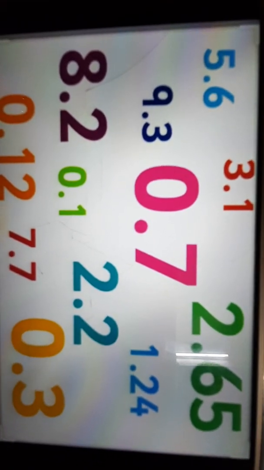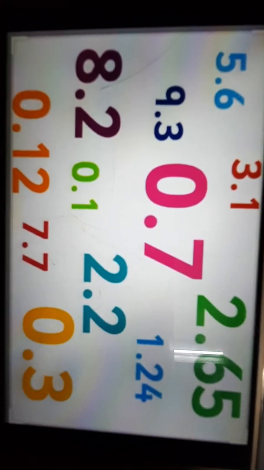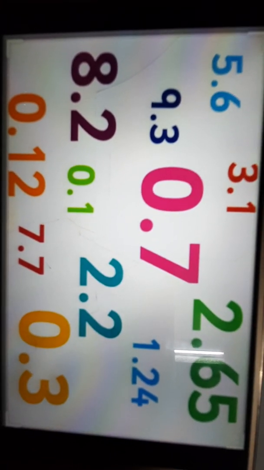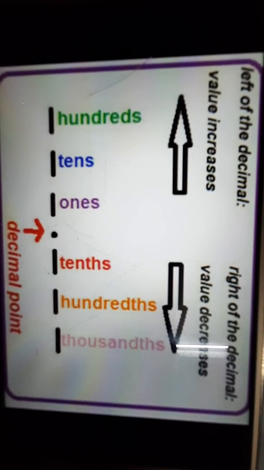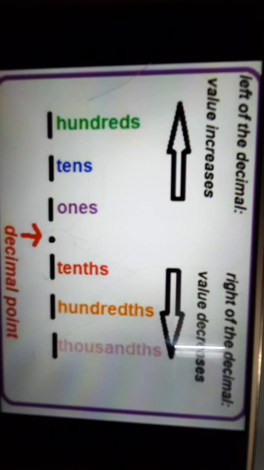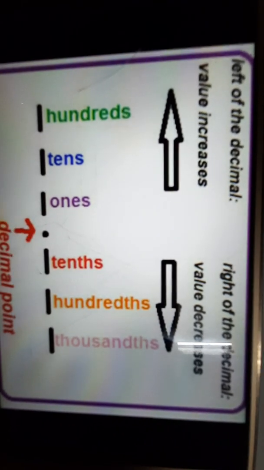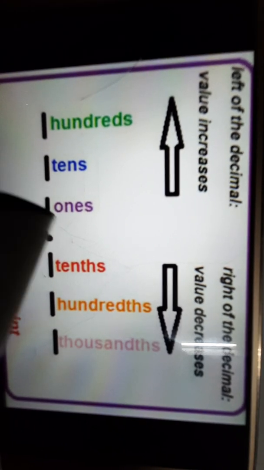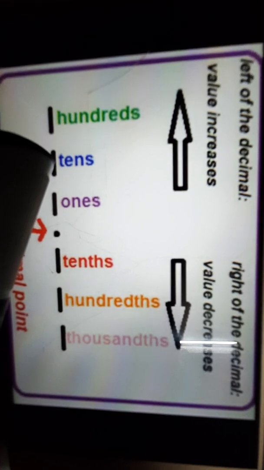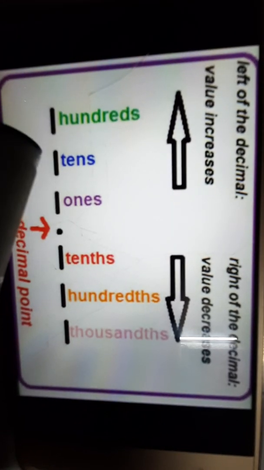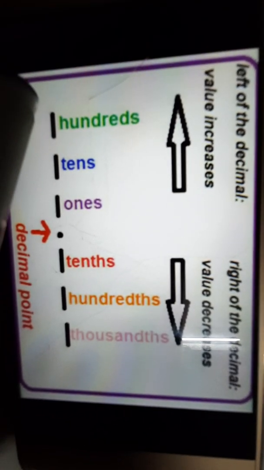We also discussed the place value chart, that this is the decimal point, and on the right hand side the first digit is termed as ones. Then while moving to the left hand side, the second digit will be tens, next hundreds, next thousands, etc.